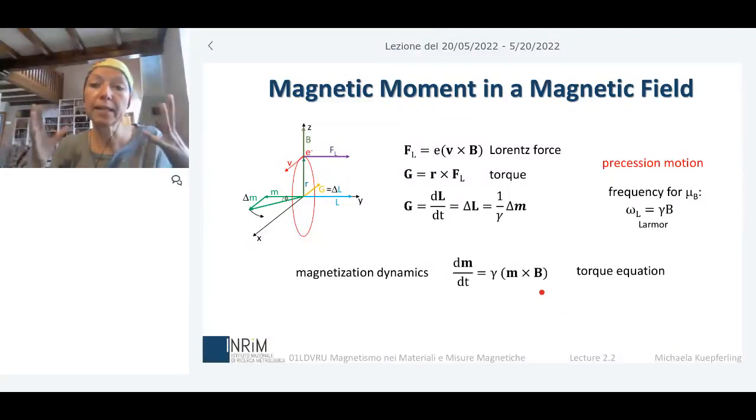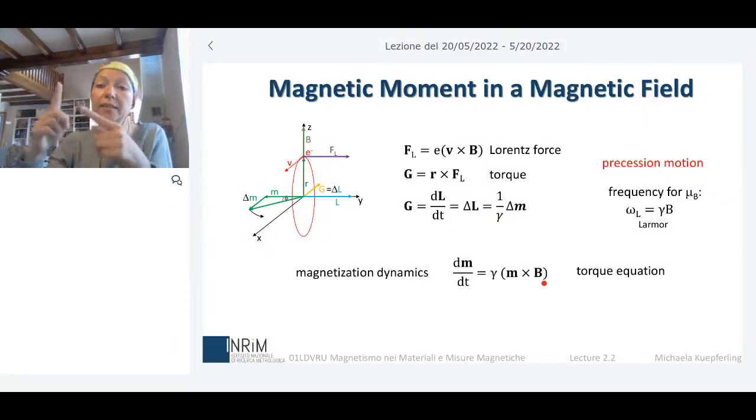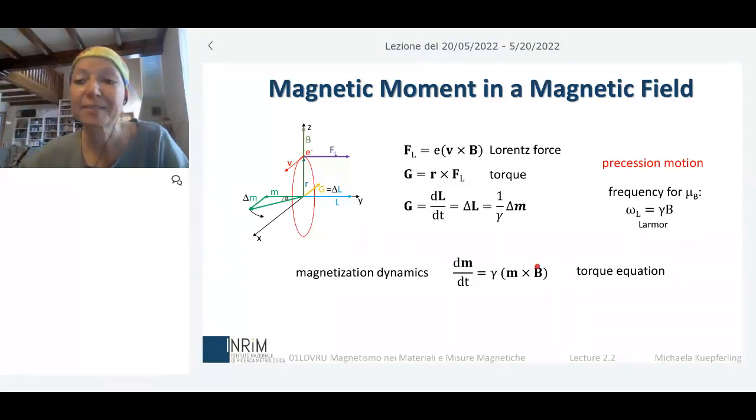You bring it in a magnetic field and it will align in the direction of the field lines. It's exactly what we saw in the experiment that we had at the beginning. So this is somehow strange. We do not expect that our compass will start to rotate around the direction of the magnetic field. But of course, this is the dynamic equation that we see.